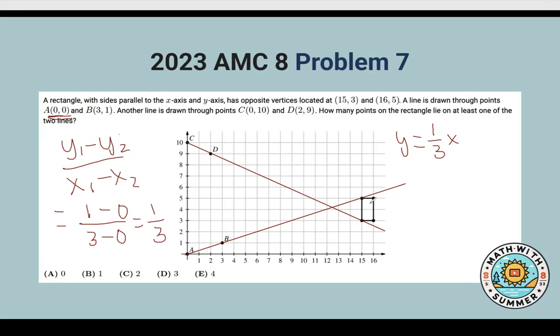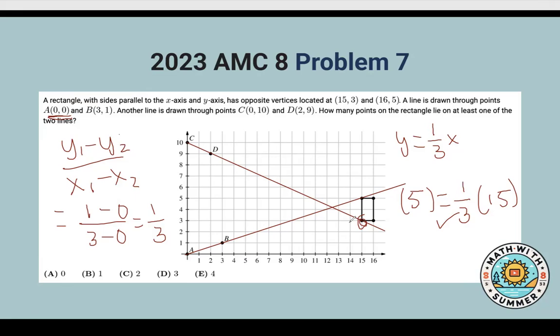So now we know this, we can see that this point, (15, 5), would be on that line. If y is 5 and x is 15, then this equation works, so we know it passes through this point here.